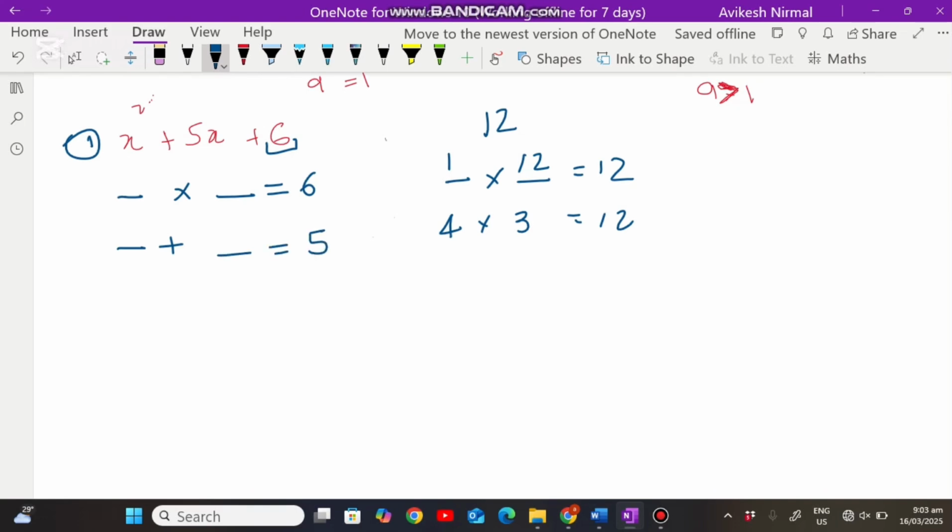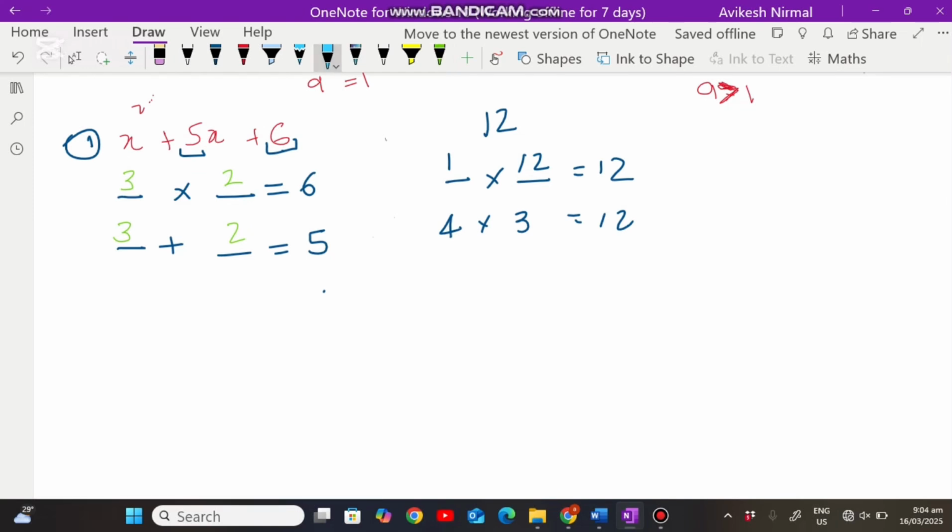So whatever numbers you choose, they should multiply to give you 6 and add to give you this term here, 5. Alright, so let's choose numbers. I think it's 3 multiplied by 2 that gives you 6, and 3 plus 2 gives you 5. That's an easy one, right?